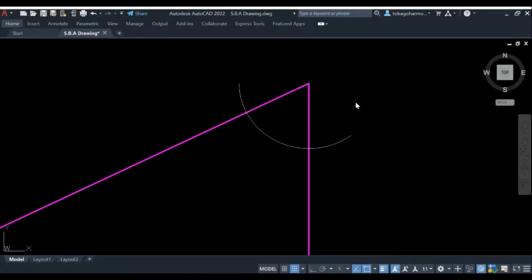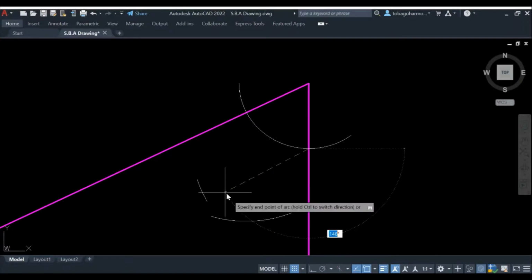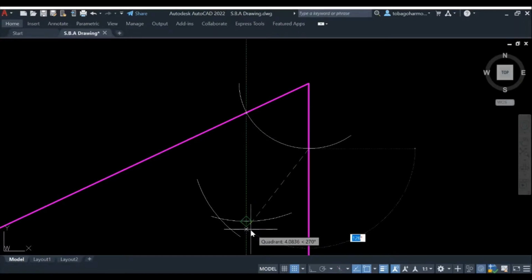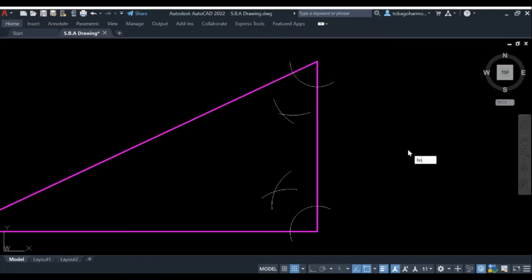So that's the first angle, and let's do the second angle. Once more, I'm using a radius of 50 millimeters for these arcs, but you do not have to. You can use any radius, as long as you use the same radius for both sides.